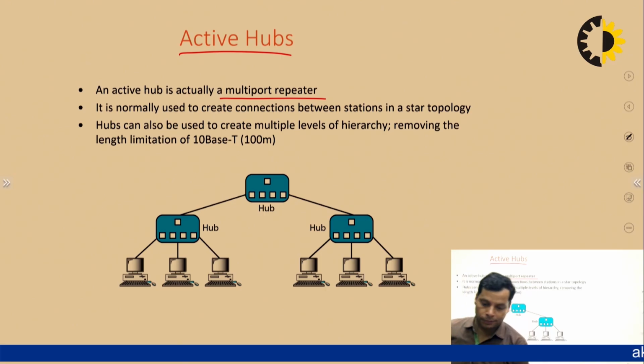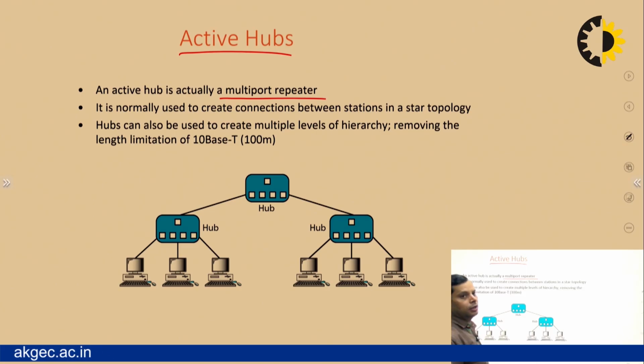If we want to connect more of the network with the same repeater, what should be done? For that, we use a repeater that has more than two ports. So it is an active hub, which is simply a multi-port repeater.